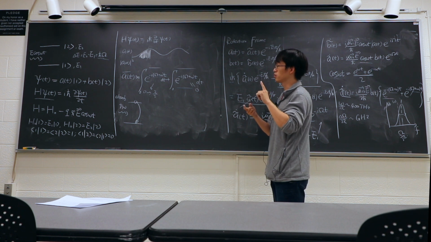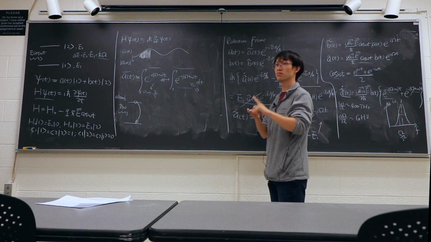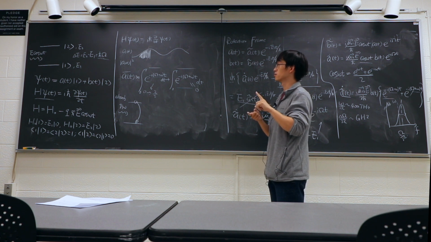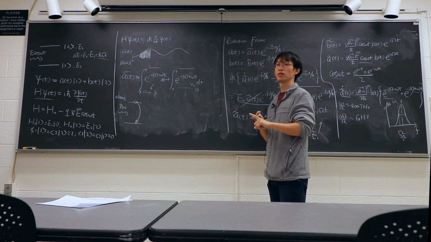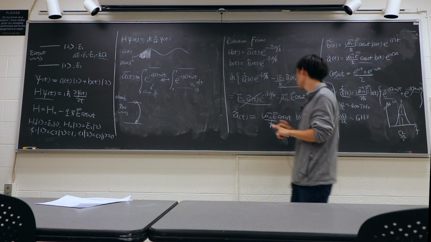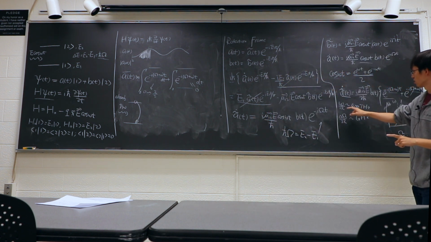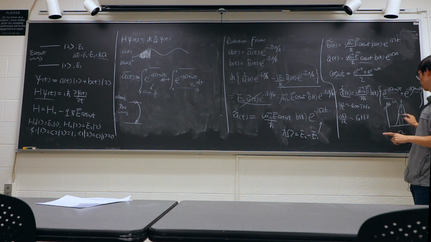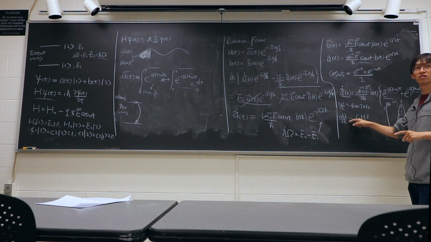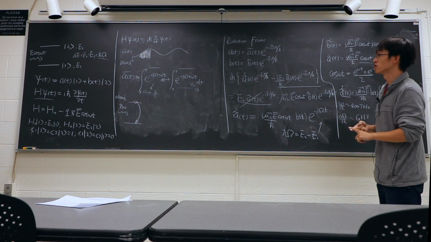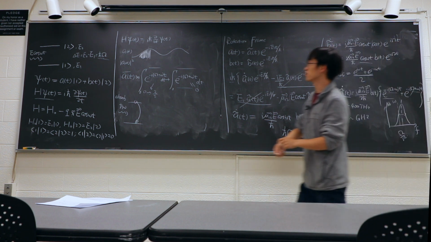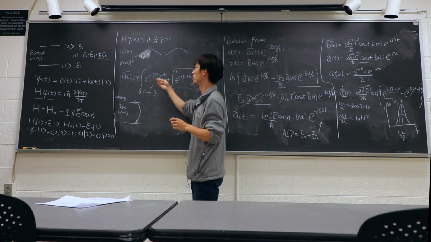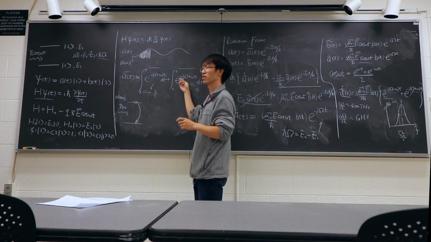And you may argue why it matters. It matters when you go into the microwave regime, because in microwave, these two are very close. You just have a gigahertz, and then the difference could be gigahertz as well. There you cannot use the semi-classical way to argue this is much faster than this, and you get rid of it.